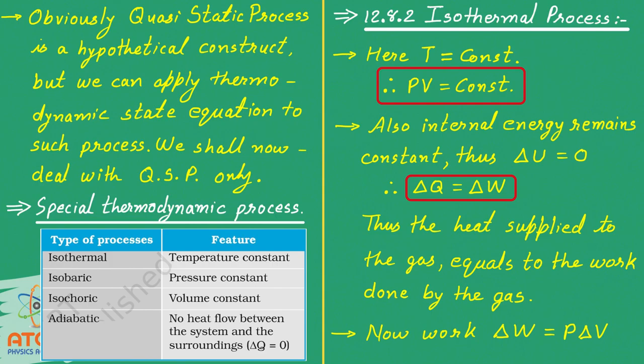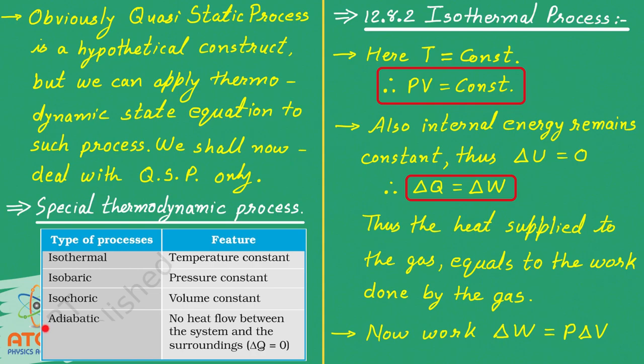Before we move forward, let me clarify one thing to you students: isothermal and adiabatic are entirely different things. When we say isothermal, temperature remains constant, but in this process heat may pass from system to surrounding or surrounding to system.